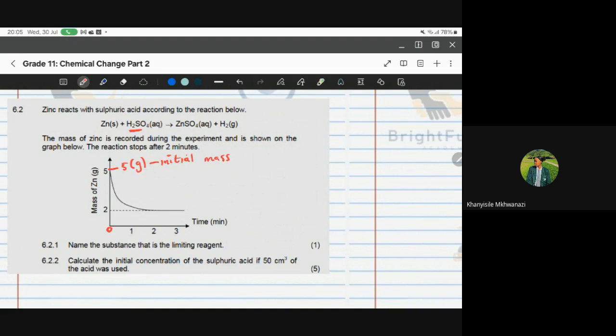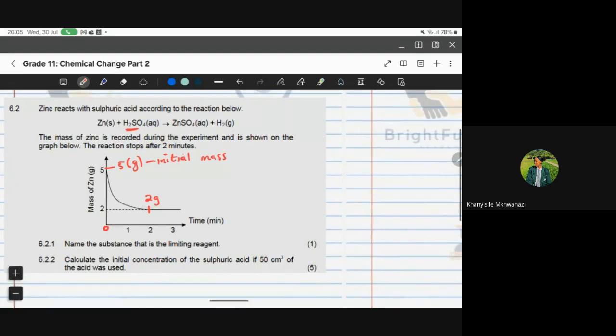And at some point, the reaction stops. So when the reaction stops, zinc has 2 grams. So this is not the right way to write mass. It should be 5 grams, just a normal 5 grams. At 2 minutes, 2 grams of zinc remaining mass.